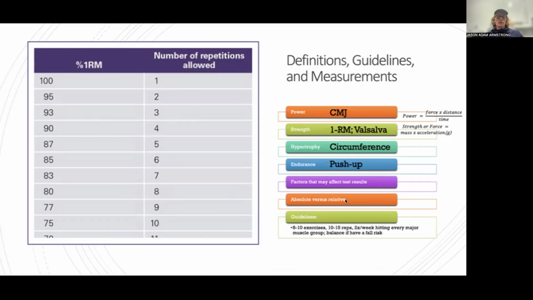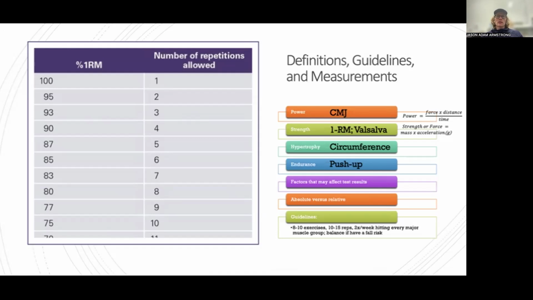I did talk about absolute versus relative for endurance, but it's helpful to talk about it for strength as well. So let's take an individual who's, I'd say, a 50-year-old female who's 160 pounds.